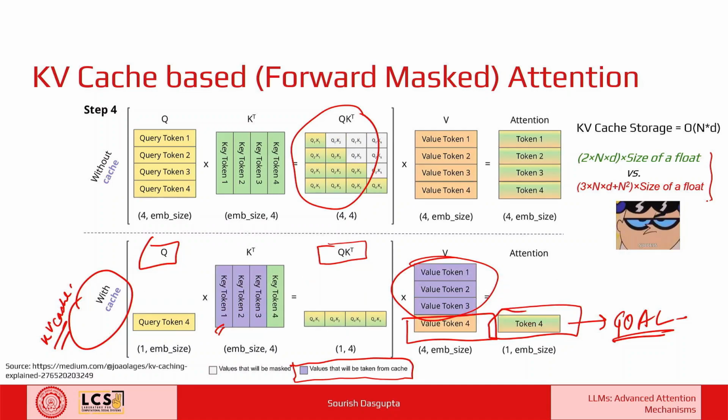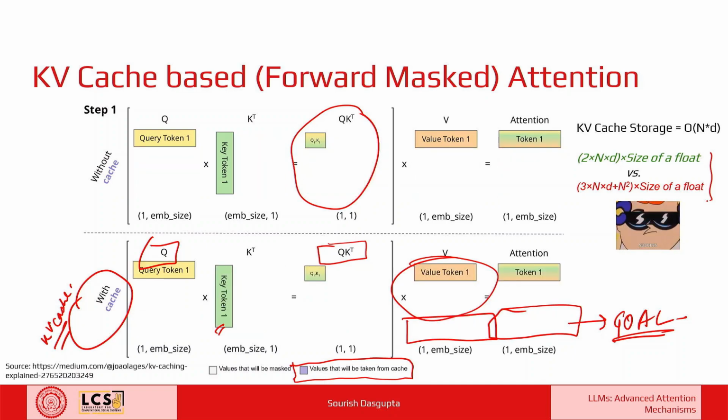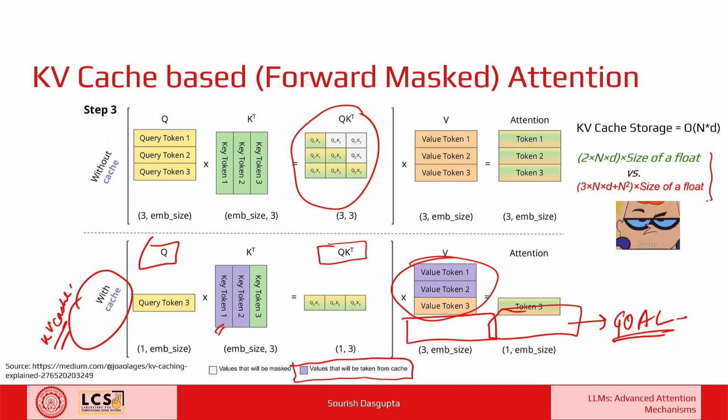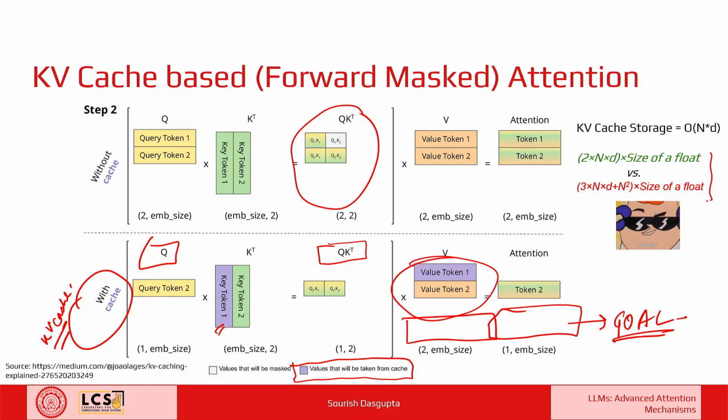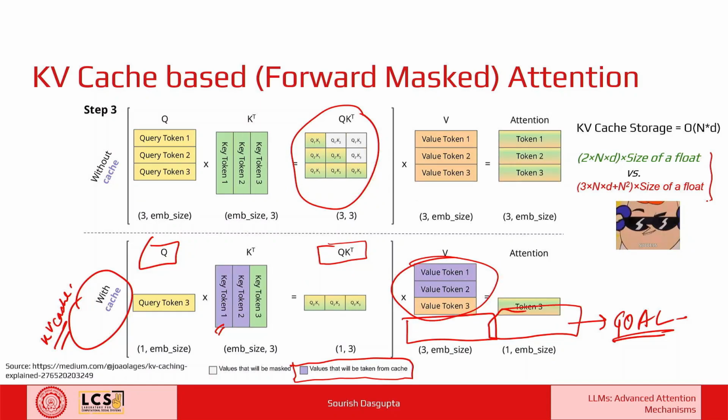That's it. I don't need an n square because I don't have to create that square matrix. So the n square goes away, and I'm only dealing with 2 because I'm not piling up the query. One of the 3's is gone. So I'm only dealing with 2, which is k and v, right? So that's the idea. That's one way, and this is KV caching.